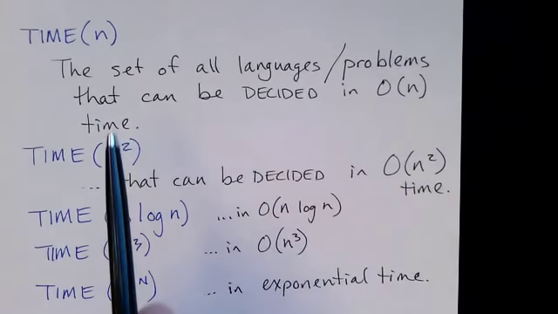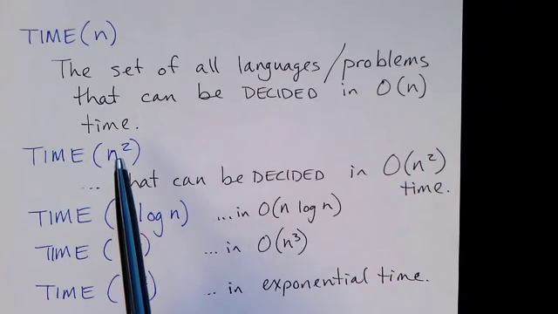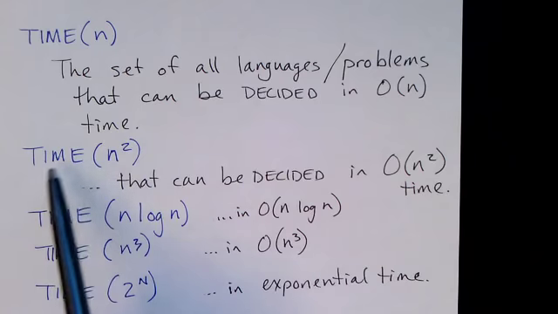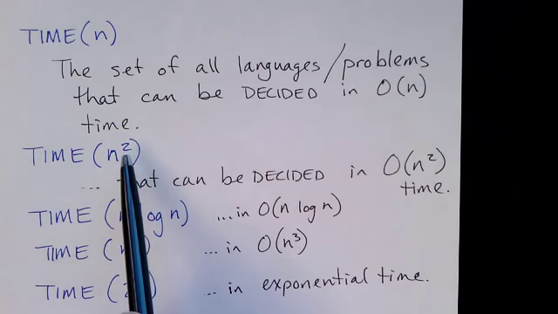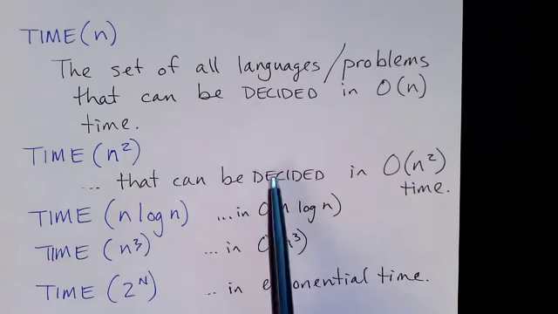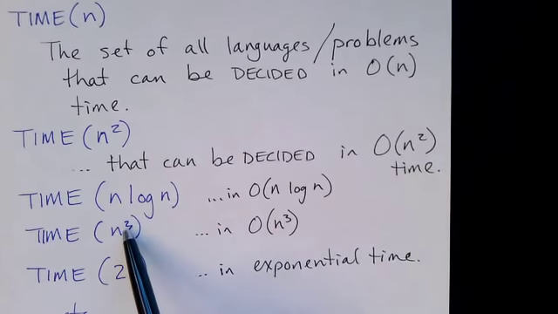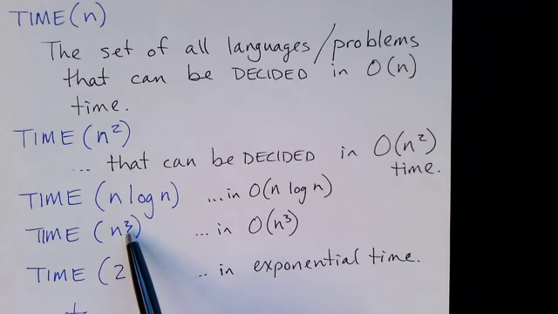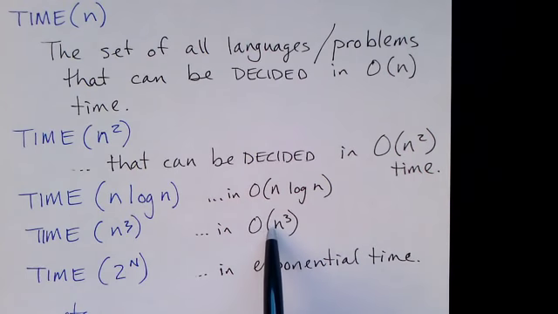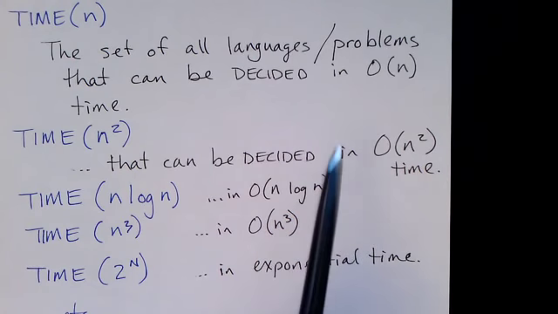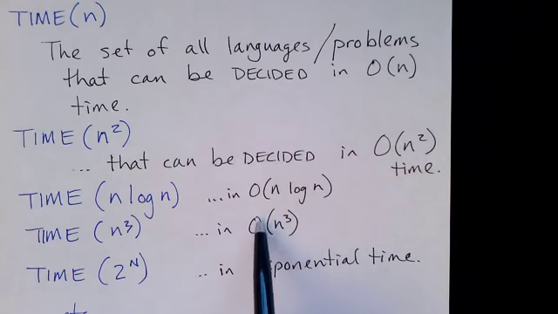There are many other problems that can be decided in n² time, and those are in the category time n². And then likewise, there's a large class of problems that can be decided in n³ time. All context-free languages can be decided in n³ time, and many of them can be decided in lesser time, but many can be decided in n³ time.